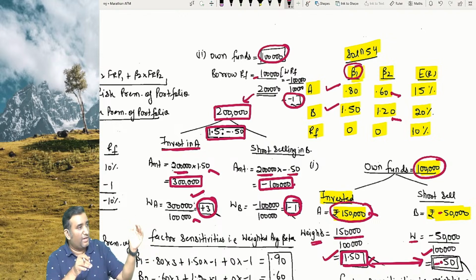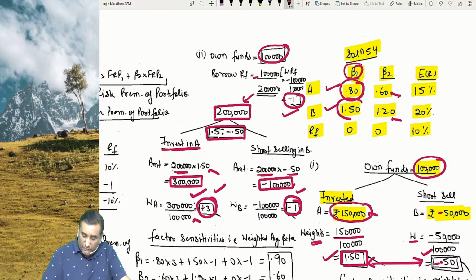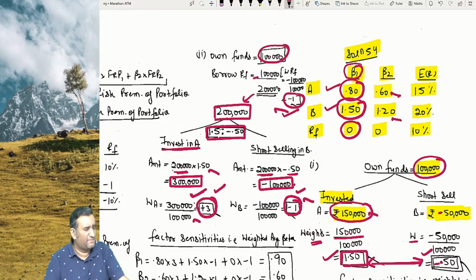So whatever return you get from A will be 3 times, and minus 1 time means you'll return back for B, and minus 1 for the risk free means whatever interest rate is there, you'll have to repay it. So when I multiply now, it will be 0.8 into 3, plus 1.5 into minus 1, and 0 into minus 1.